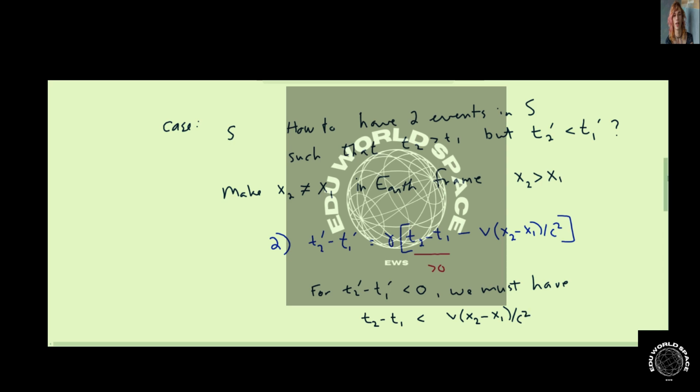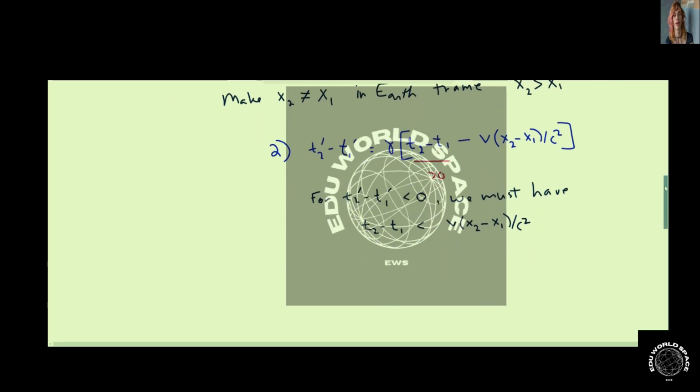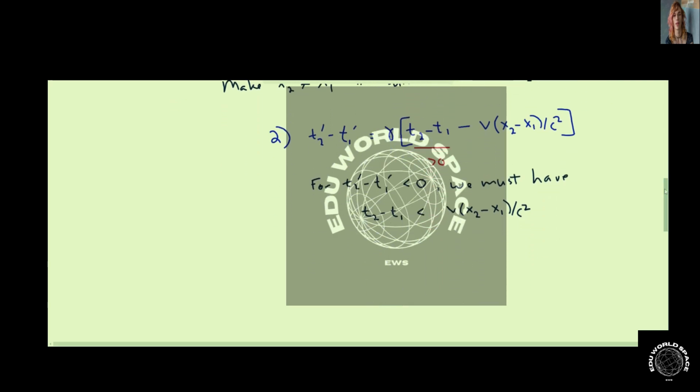That's a fairly clear statement. That's how you can get a negative t2 prime minus t1 prime. And with a little bit of reorganization, we can see what this last statement means.